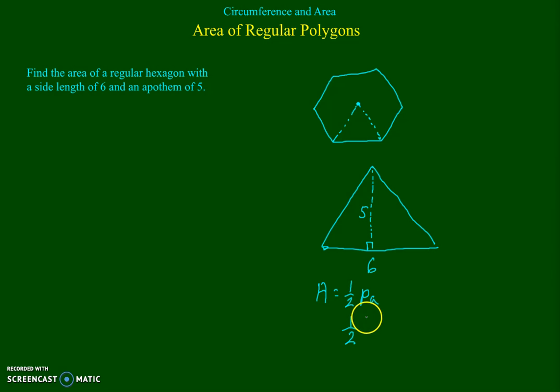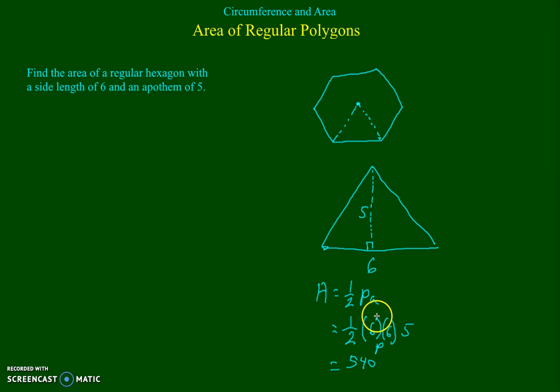So what we have here is 6 times 6. That's perimeter. And then times the apothem, which is 5. So that gives us our area. And if we put this into our calculator, we come up with 540.